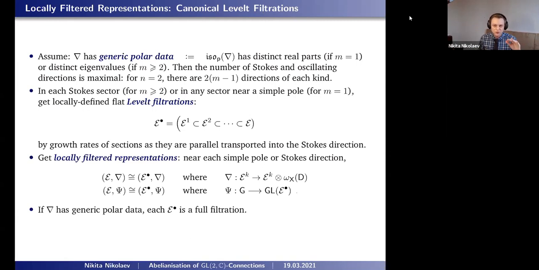It has this canonical filtration, which is flat, and that's important. But it's only well defined near a first order pole or a Stokes direction.